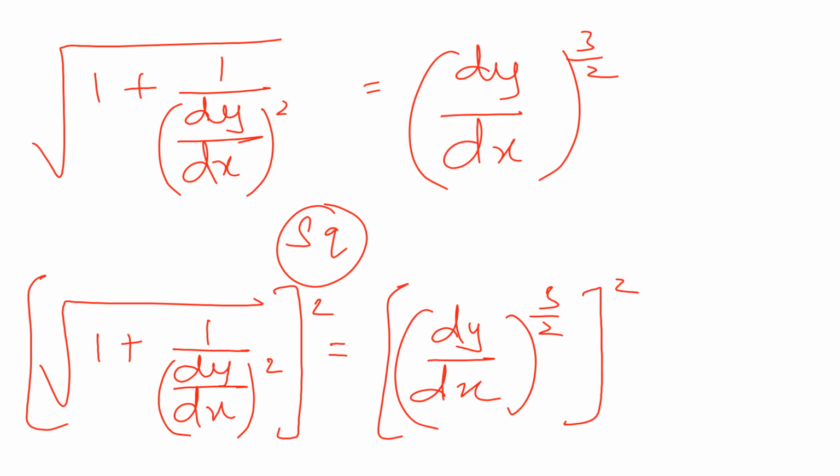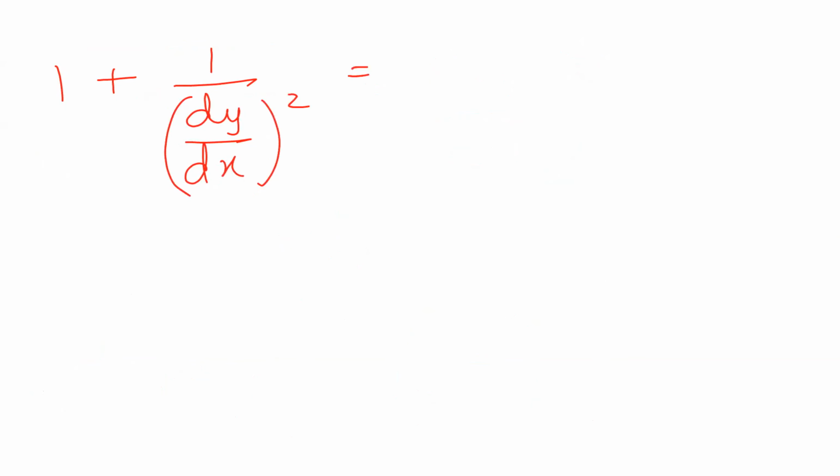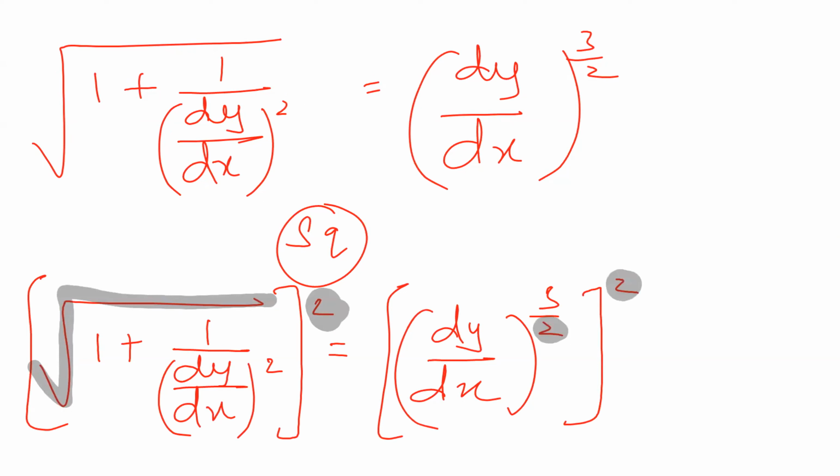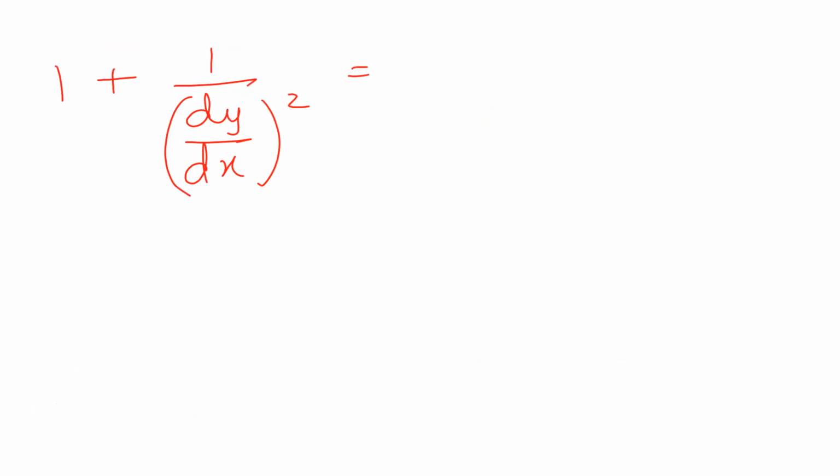On the left hand side the root and square will get eliminated, and on the right hand side this 2 and this 2 will get cancelled out, because we are squaring. So eventually we are left with 1 plus 1 upon dy by dx the whole square equal to dy by dx the whole cube.